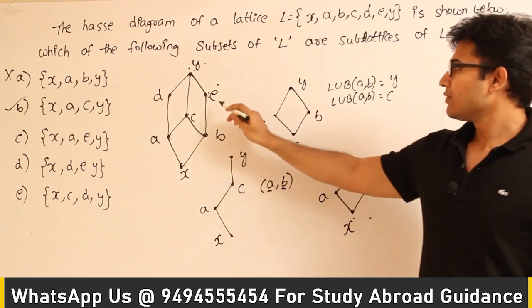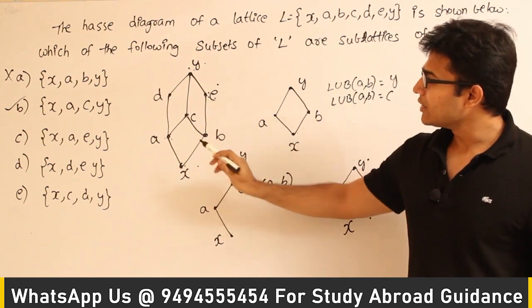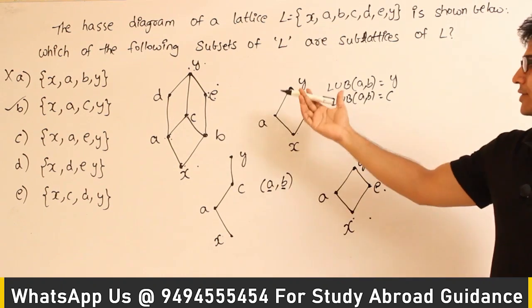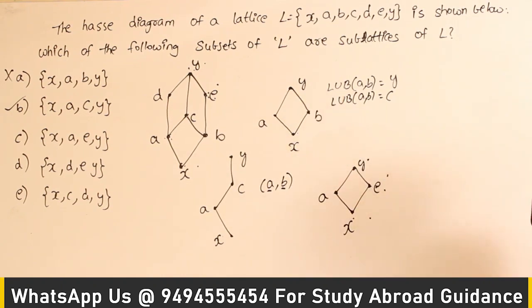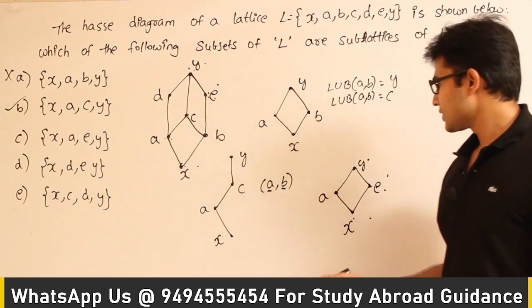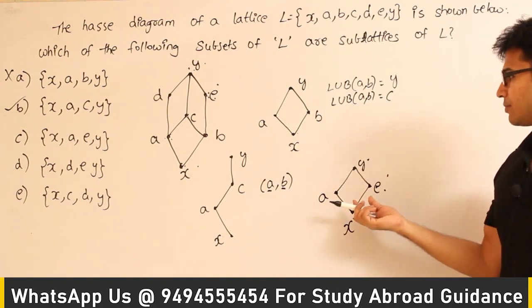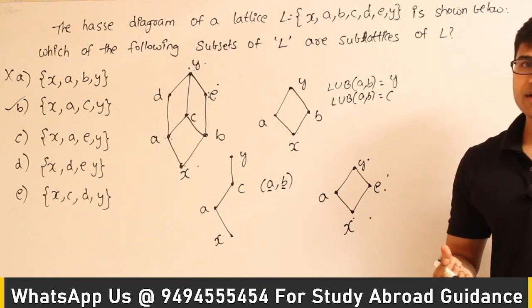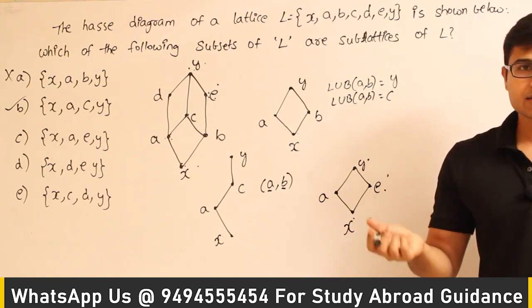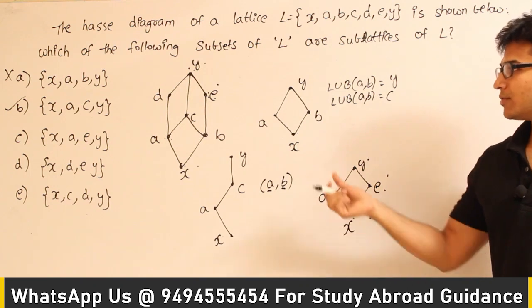X and E, for X and E you can see that the greatest lower bound and least upper bound are X and E respectively, same here, and for X and A also same here, and for A and Y also same here. So we can see that for every pair of elements, the least upper bound and the greatest lower bound, they agree in both the diagrams.